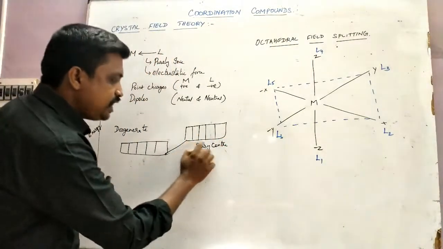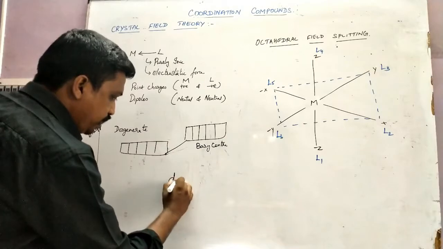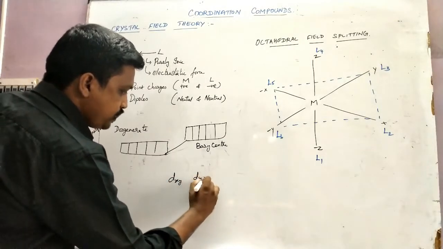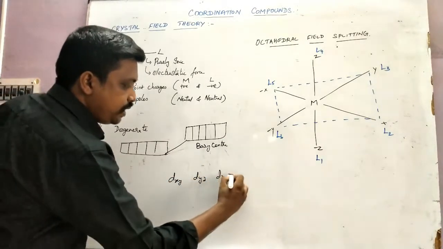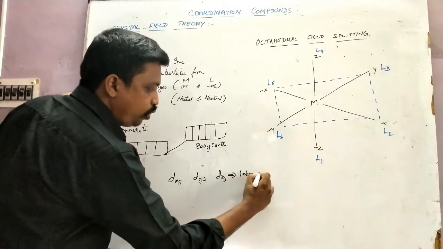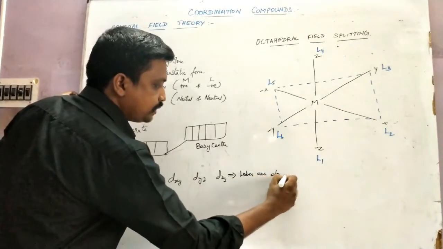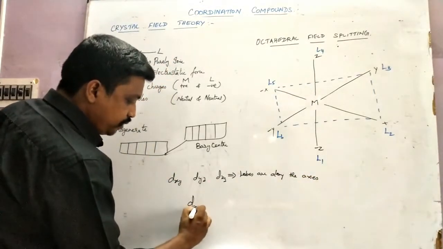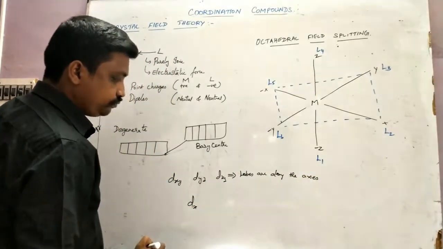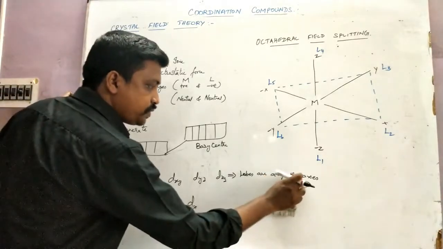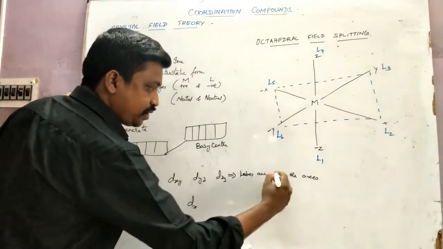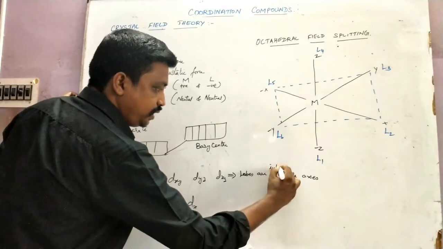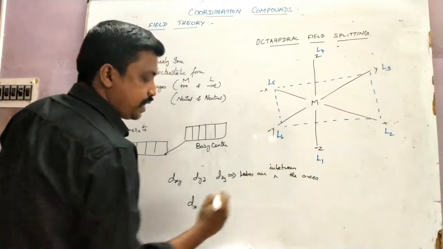Among these 5 orbitals, we know dxy, dyz and dxz have their lobes in between the axis.